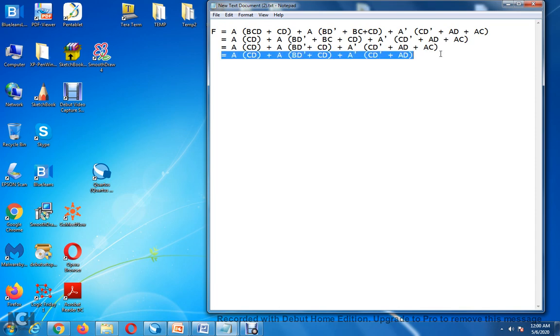Now what? Well, let's just use the distributive law and multiply through. Take out some brackets. So ACD. And we said we have to do the distributive law, so that gives us AB D prime and ACD.